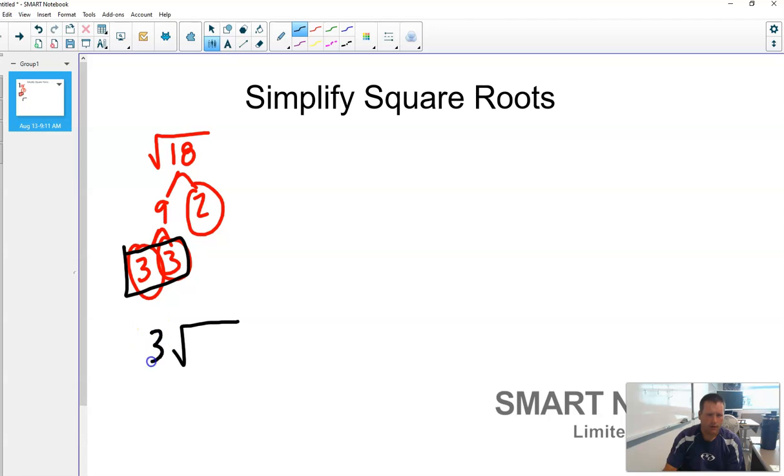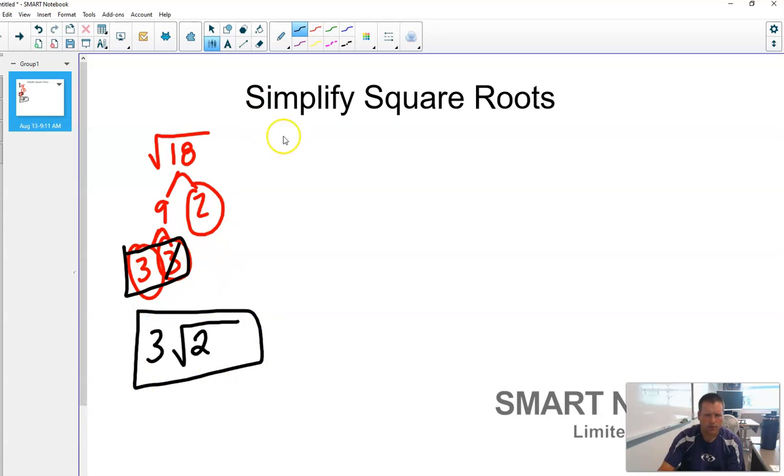One of these can come right out on the outside, and the other one just goes away. It's 3 squared, which is the opposite. If you really want to know why, you pair them up, you get rid of one, and one of them comes on the outside. If it doesn't pair, it has to stay on the inside. So this would be 3 square roots of 2.